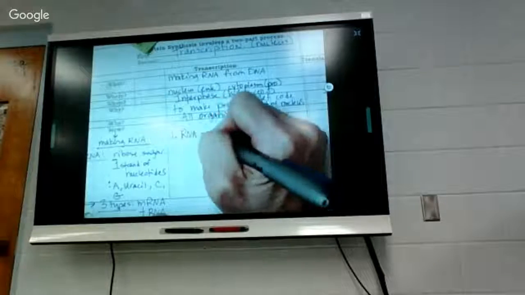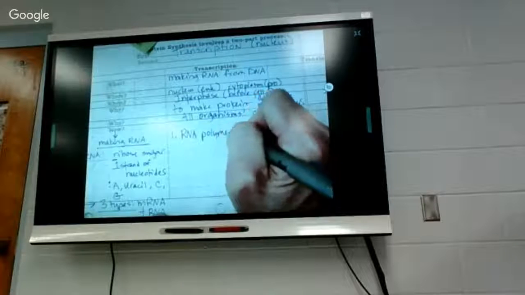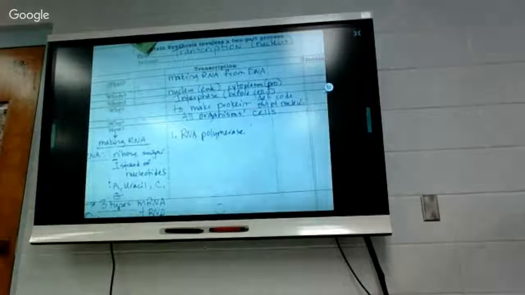RNA polymerase. This is the job you just did. RNA polymerase, what is that since it ends in -ase? It's an enzyme. Okay, so its job is to copy the gene down. You did the job of RNA polymerase.